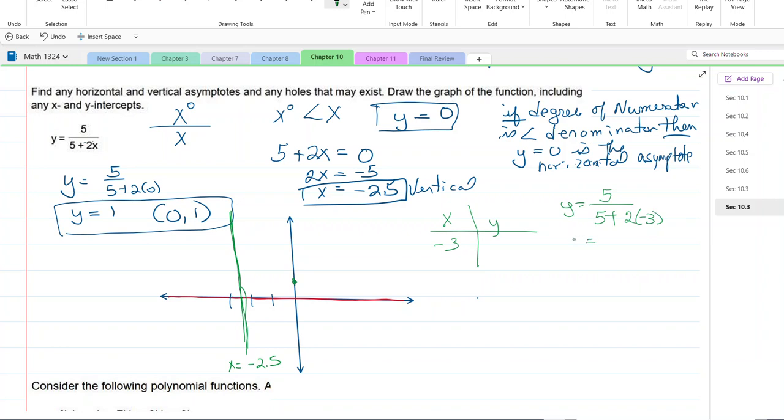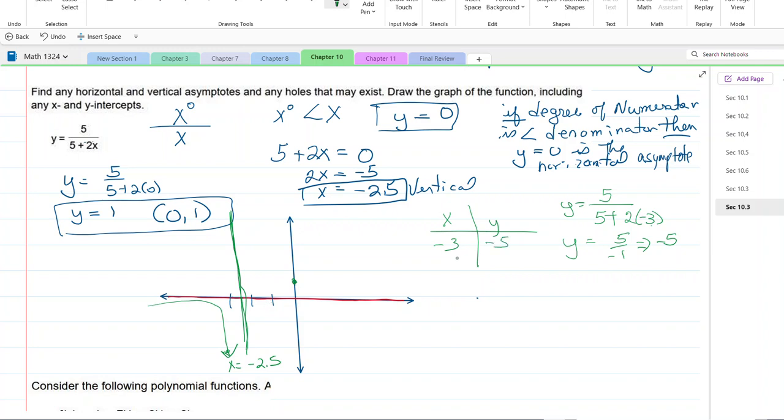So I'm going to get a what? Well, that's going to be a 5, and this is a negative 6, a negative 1, so negative 5. All right. So at negative 3, I have a negative 5, so it's down here. This means this line goes like that.